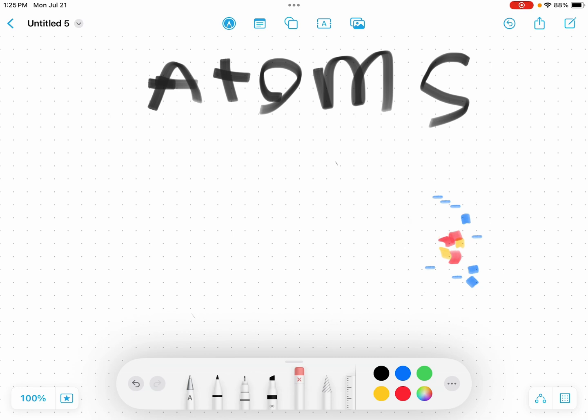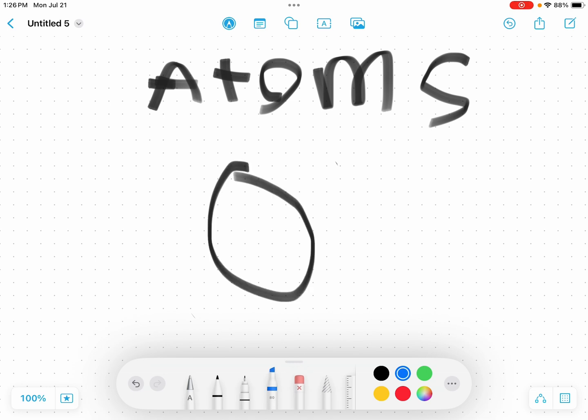So to figure out the place where an element gets put in the periodic table of elements is, well, in an atom, there are electrons, and then we have the nucleus.